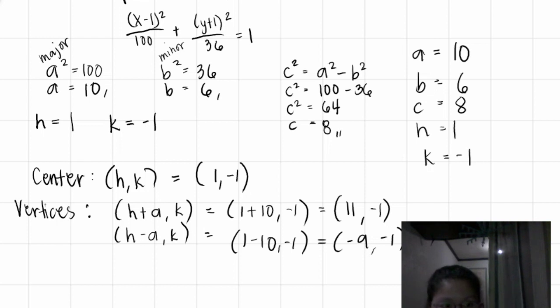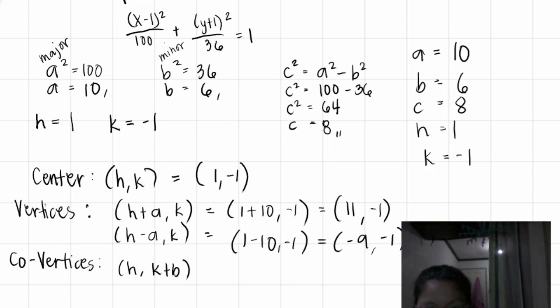So, kukunin naman natin yung co-vertices, yung dalawa pa. So, the co-vertices. So, ang formula naman ni co-vertices is yung isa, h and then k plus b. Then, yung pangalawa naman is h, k minus b. So, substitute lang natin.